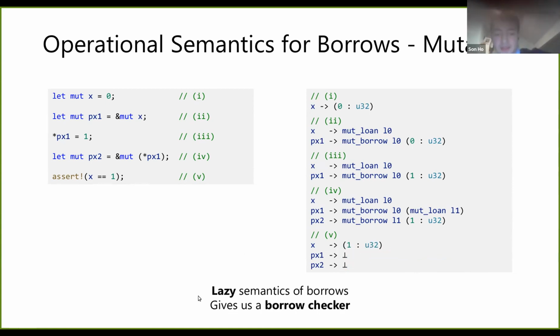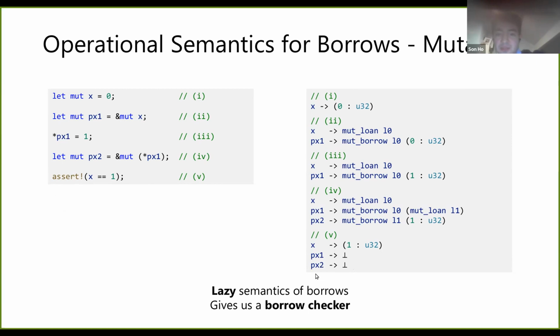So what we use is this lazy semantics of borrows, where you end borrows as late as possible. Whenever you have a borrowed value and you need to get back access to it, you end the borrows. And in practice, this actually gives us a borrow checker for some subset of Rust. So for example, here, if after the assertion you want to access back to use px1, this would be invalid.